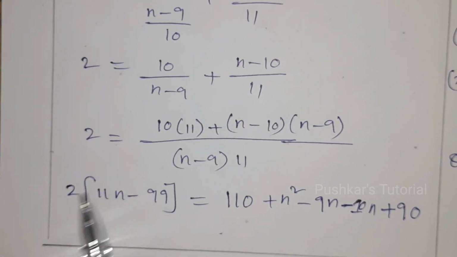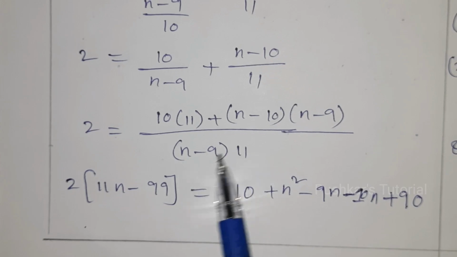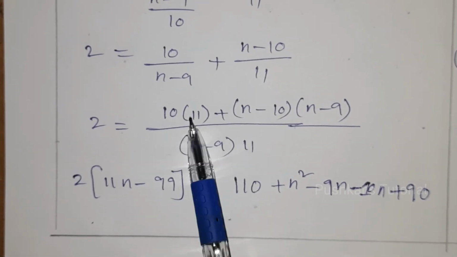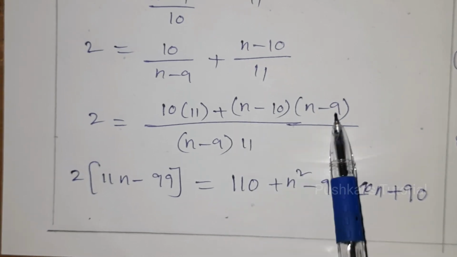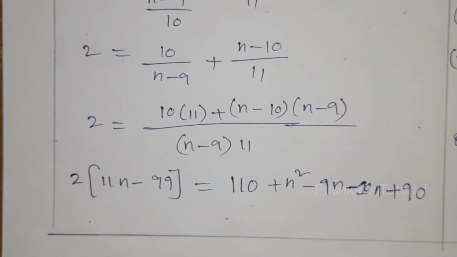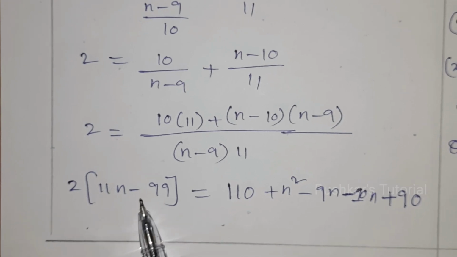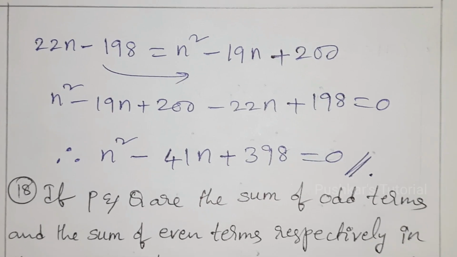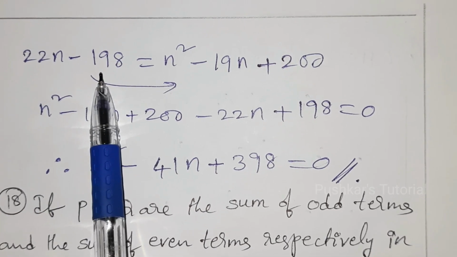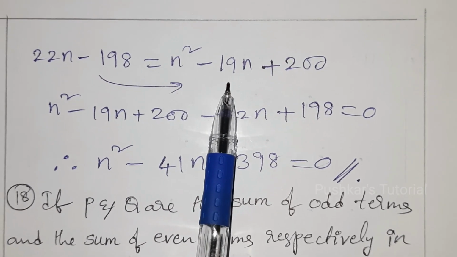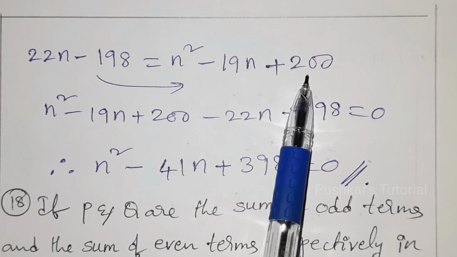So cross multiplication, 2 into, and just multiplying this also, 11n minus 99 is equal to here 110, n square minus 9n minus 10n, minus into minus plus 90. Then multiply with 2 and on the right side like term addition. So 22n minus 99 into 2 is 198 is equal to n square minus 19n plus 200.